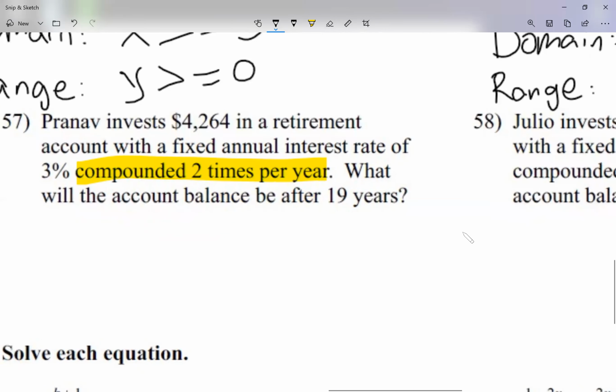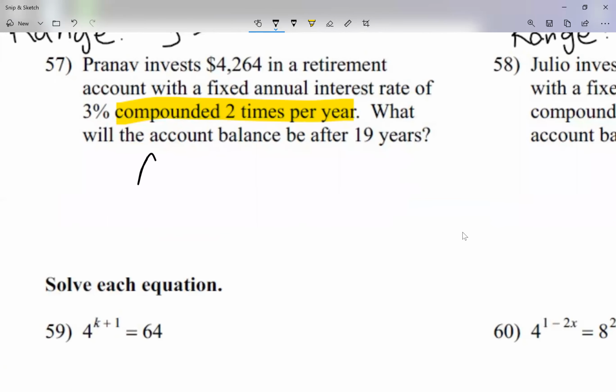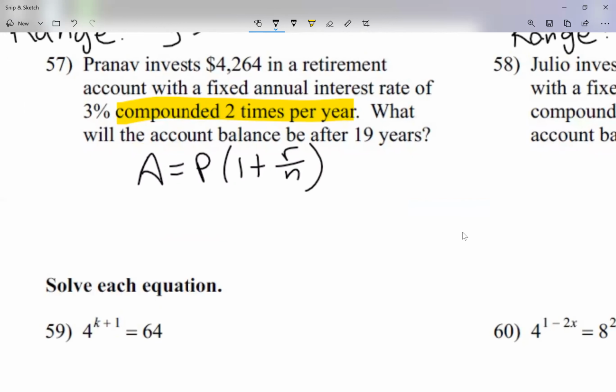I'm going to write the formula: the amount is equal to principal, and inside parentheses, I'm going to have 1 plus r over n, rate divided by the number of times it gets compounded in a year. My parentheses is going to be to an exponent. My exponent is going to be n times t.